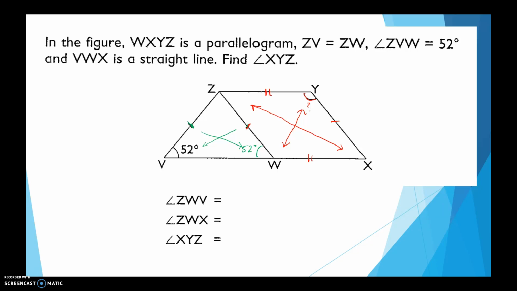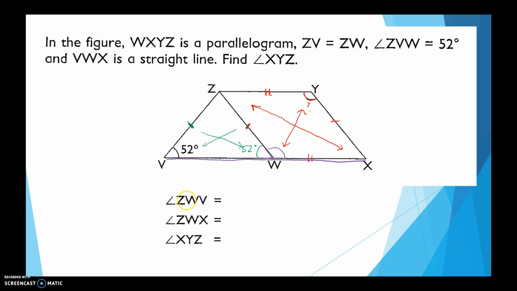And it says VWX is a straight line, so let's mark that. That will help us, because we know the measure of this angle right here is going to be 180 minus 52, because these are supplementary angles right here and here.